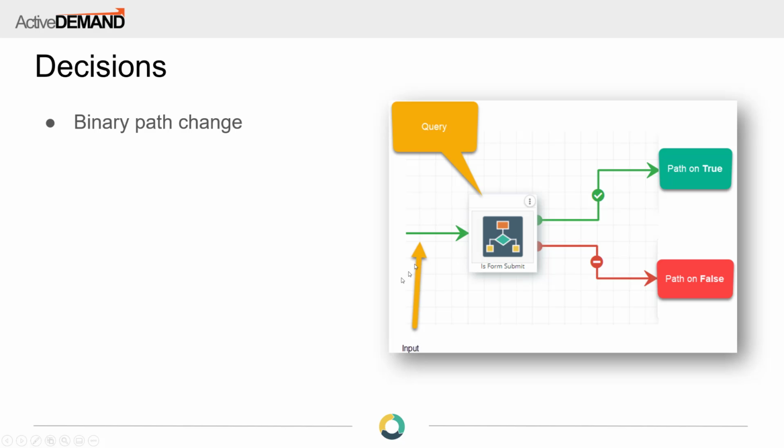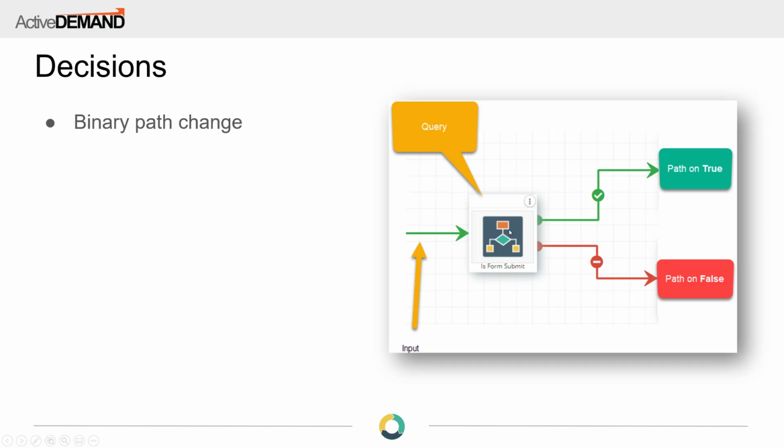Now I'm going to talk about decisions, and this is a step type that allows us to change direction based on some specific criteria within a workflow. There is the decision widget, the element.